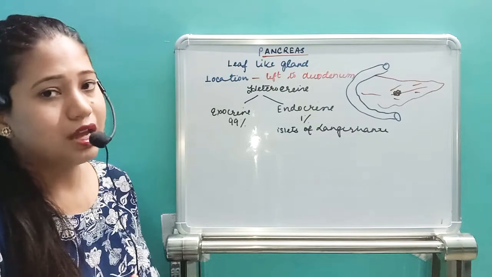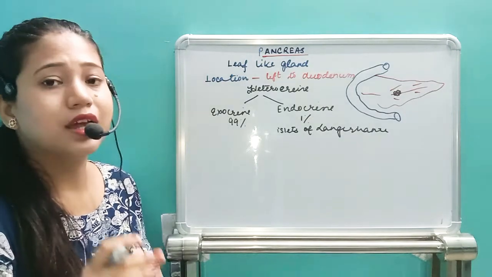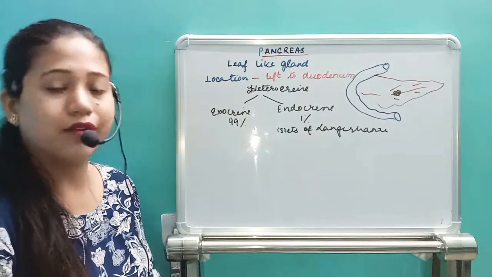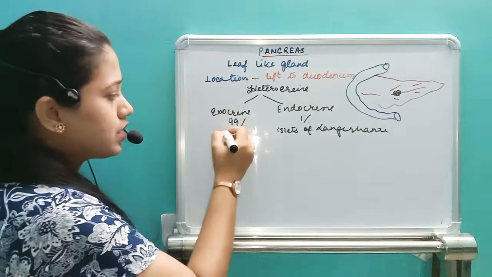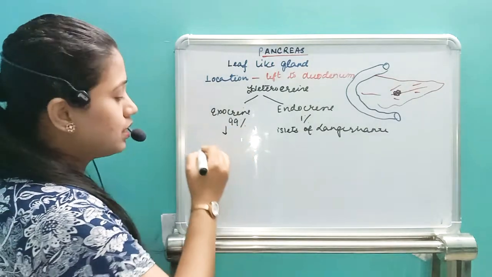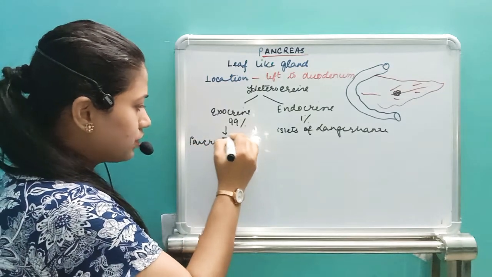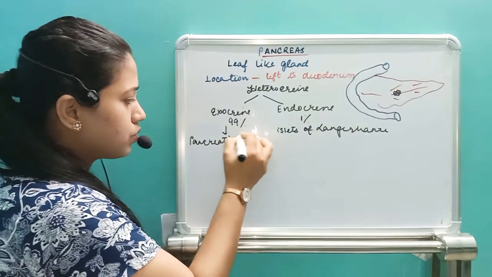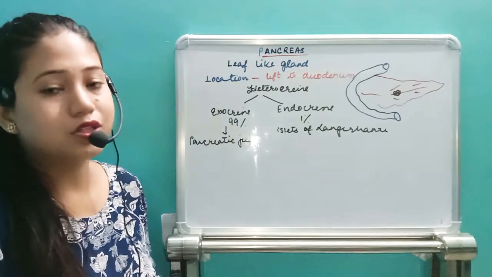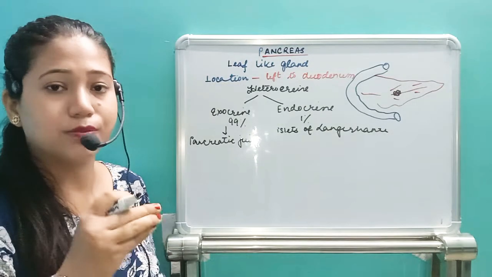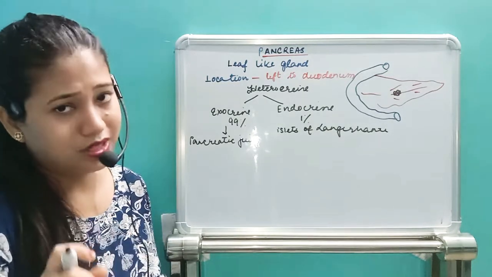It is called a heterocrine gland because it also has the exocrine part. This exocrine part releases the pancreatic juice, which is very important because it contains almost all kinds of enzymes to digest carbohydrate, protein, fat, everything.